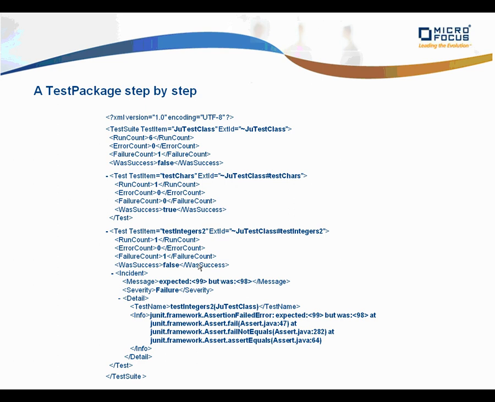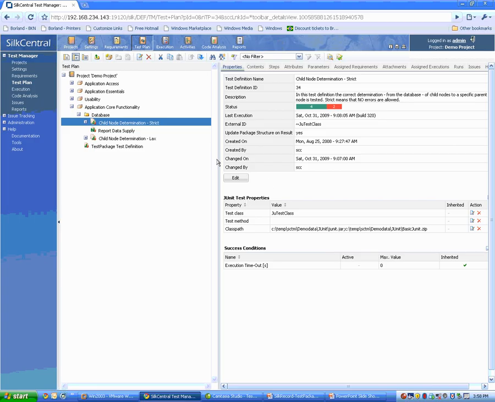Once I have completely defined my suite with all the children tests, it's time for me to close the test suite XML. Let's take a look at how this test package gets represented within SilkCentral. Within SilkCentral, we can see the test definition, the top of the suite. Remember our external ID? It's here.